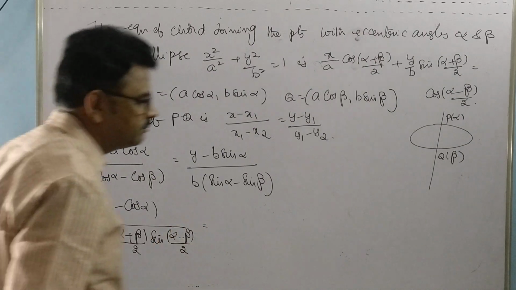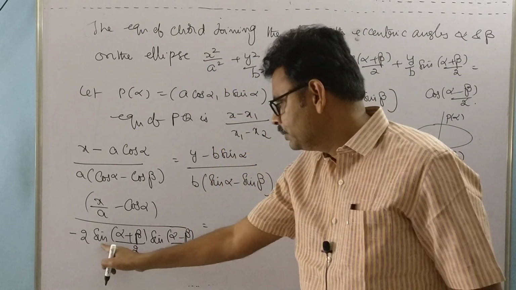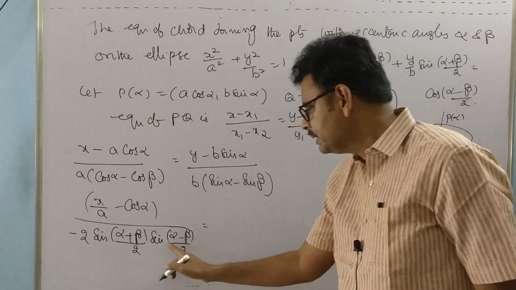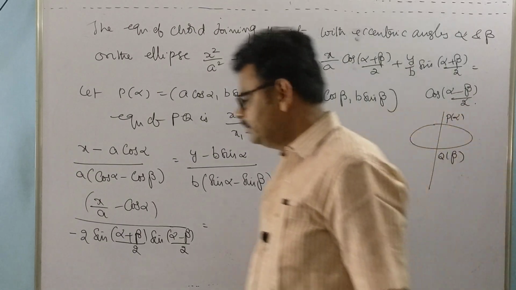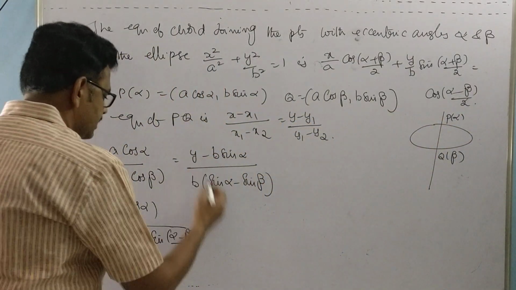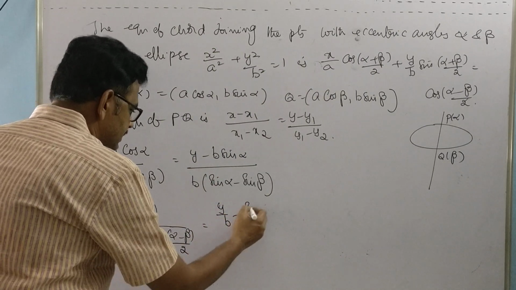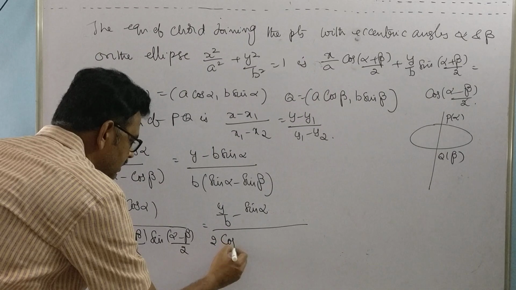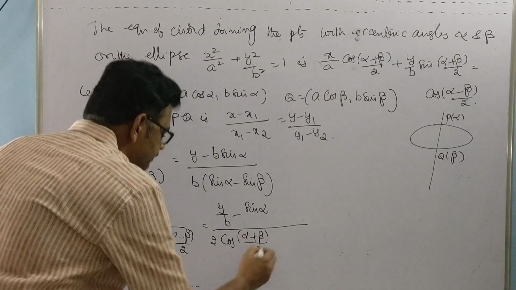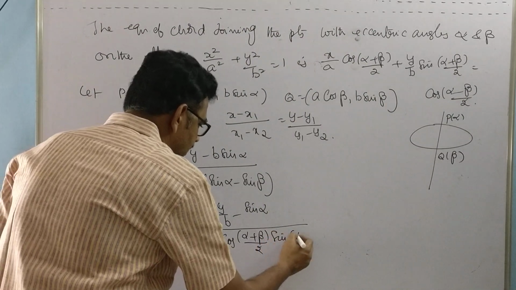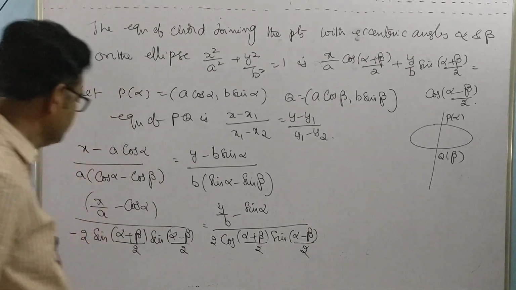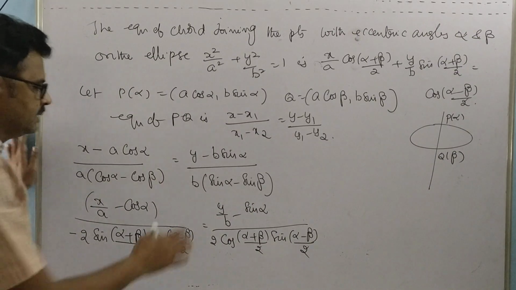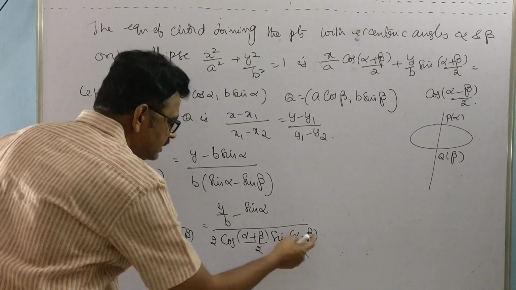This side also, y by b minus sin alpha by sin C minus sin D, which is 2 cos of (C plus D) by 2 sin of (C minus D) by 2.